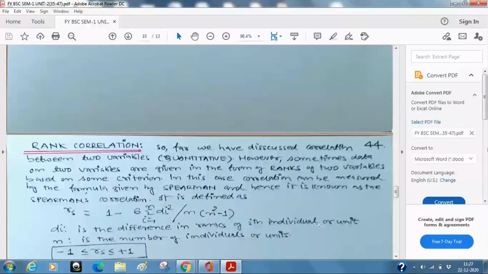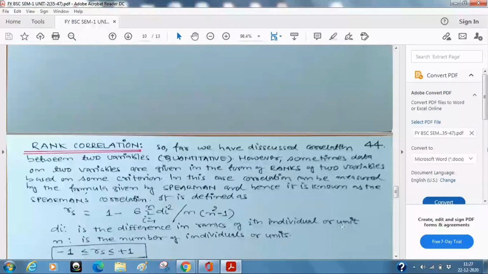But what is the difference in the opinion or the ranking of any two judges? That is di. Suppose expert number 1 gives me rank 5 and expert number 3, suppose I am comparing 1 and 3, gives rank 7. So the difference is 5 minus 7 or something like that. So di is the difference in the rank of the ith individual, or sometimes we rank certain units also.